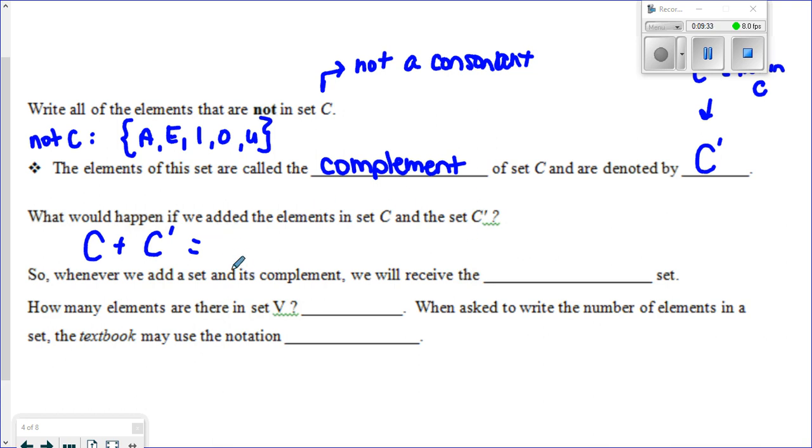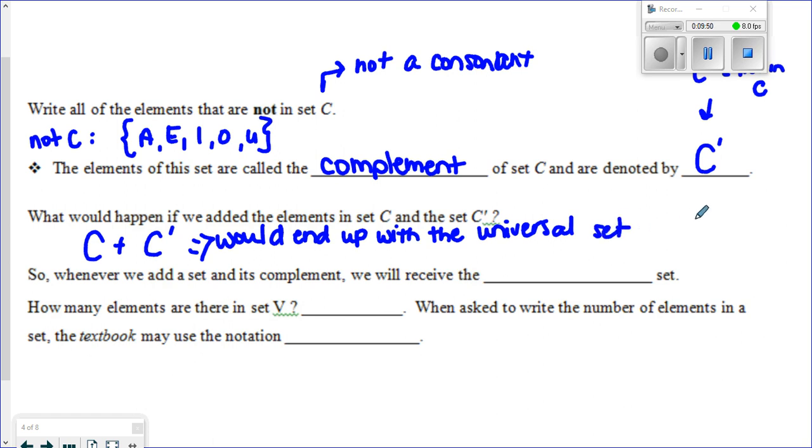So what we would actually end up with is the universal set, which is all elements. Because if we're saying everything that's in C and everything that's not in C, that's going to be everything. So whenever we add a set and its complement, denoted by that prime that looks kind of like an apostrophe, we will receive the universal set.